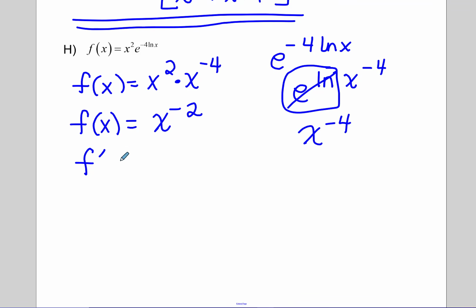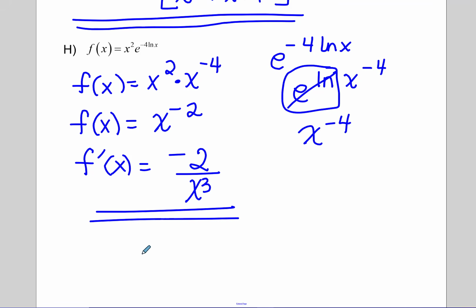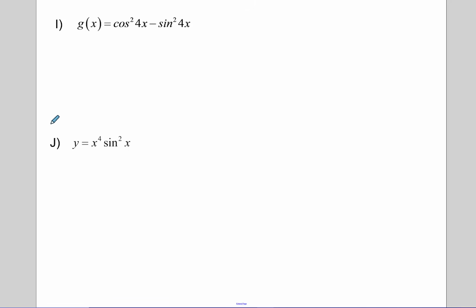And then that derivative is negative 2x to the negative 3rd power. So thinking that through, I'm just going to put that 3rd power on the bottom. So this entire lesson is mostly just practice until we get to example 4. So we have a few more here.